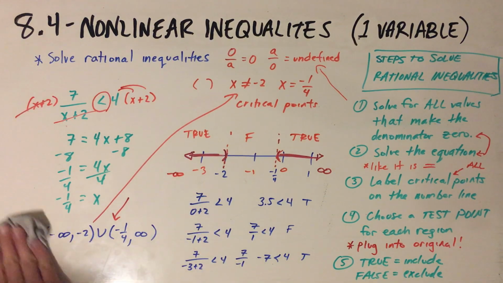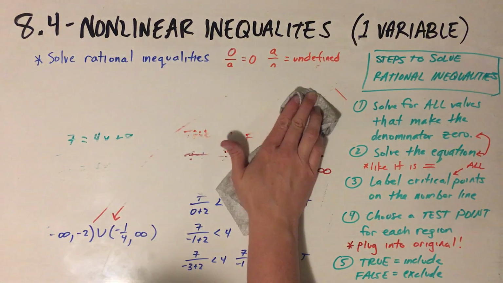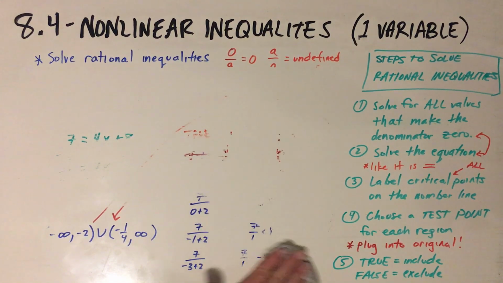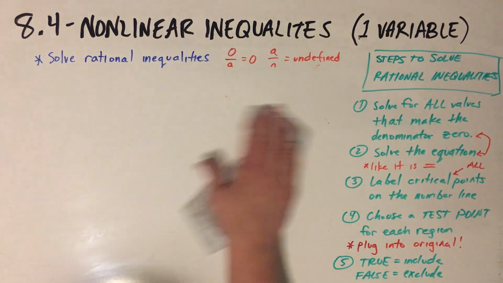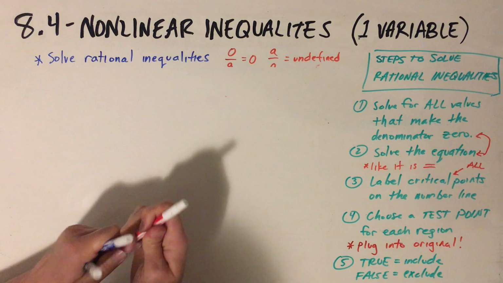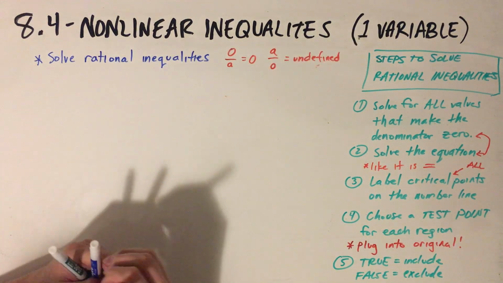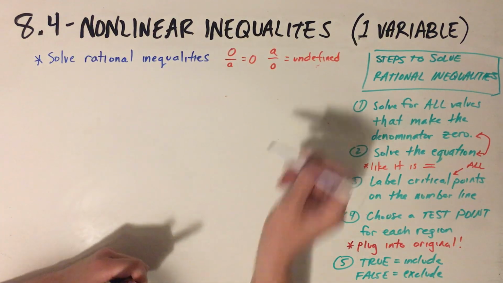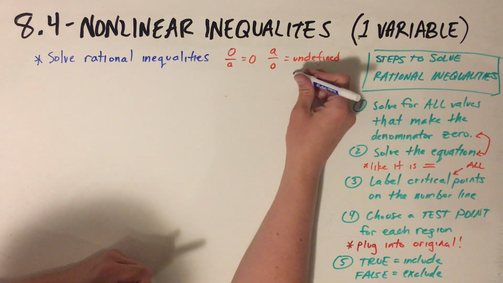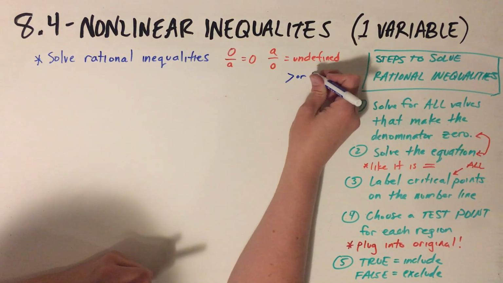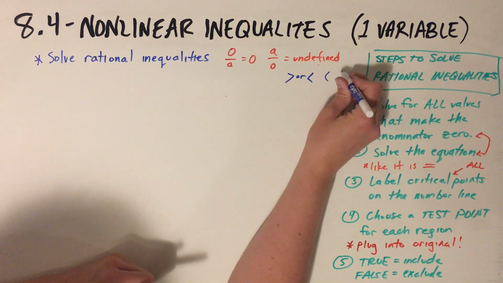I want to work through 3 more, and do a real quick reminder that if we have a greater than or less than, then we're going to have parentheses.